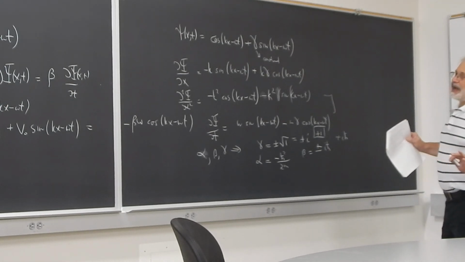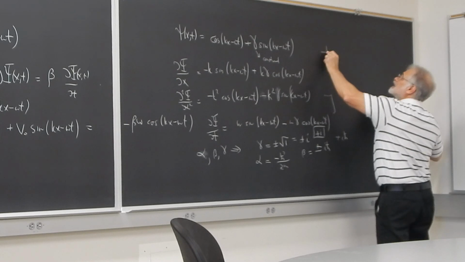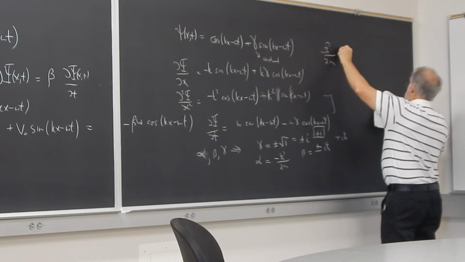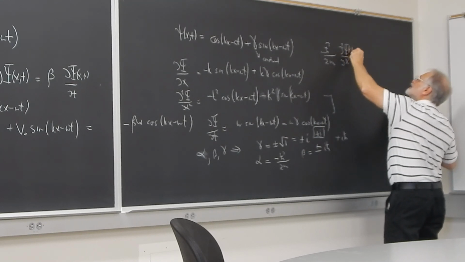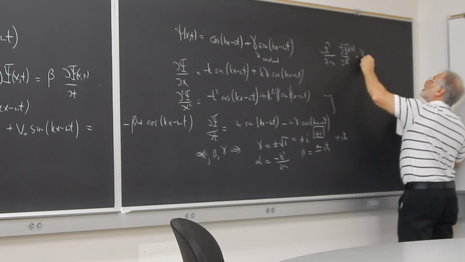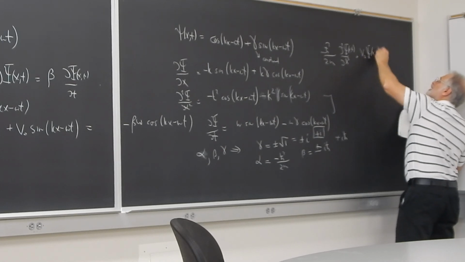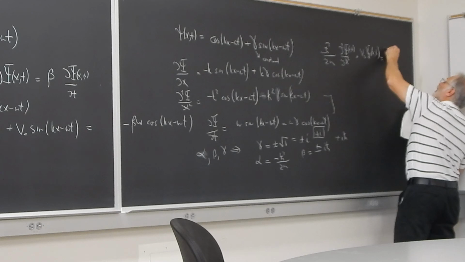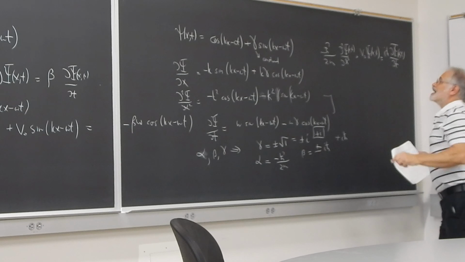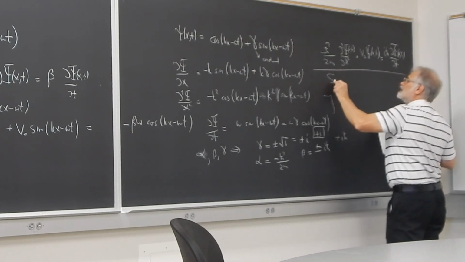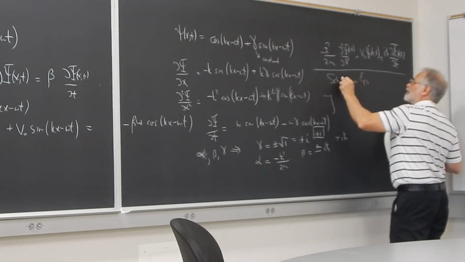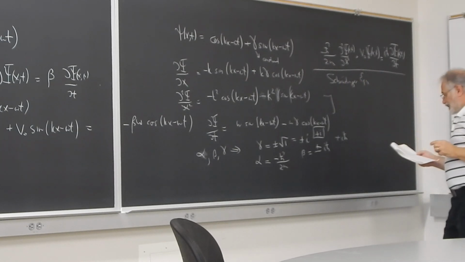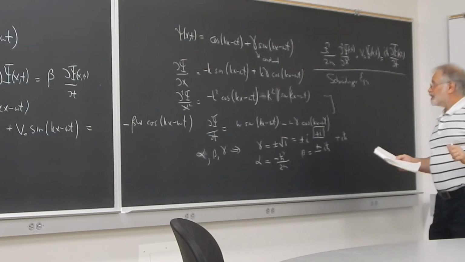If I put that all together, my equation looks like minus h bar squared over 2m d squared psi dx squared, at x and t, plus V naught psi of x and t equals i h bar d psi dt of x and t. This is what we call the Schrodinger equation for a free particle.